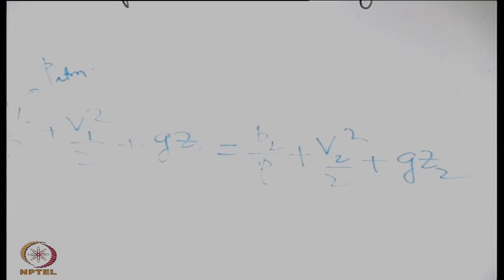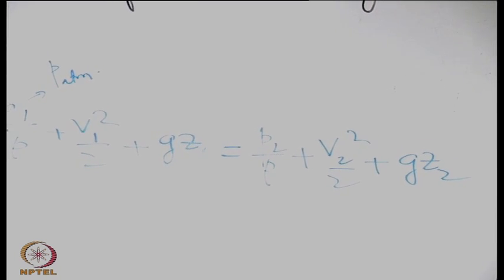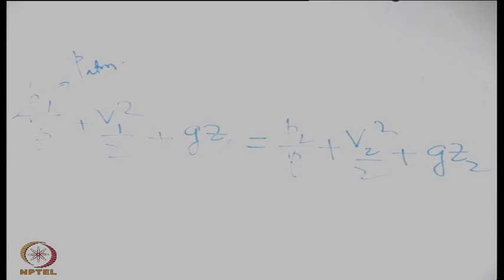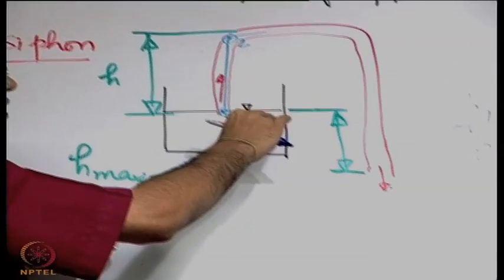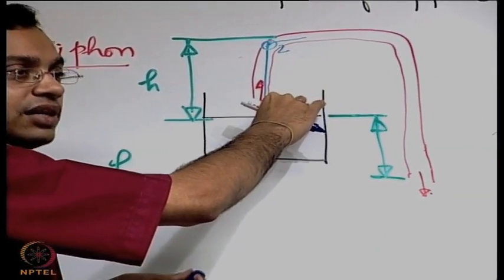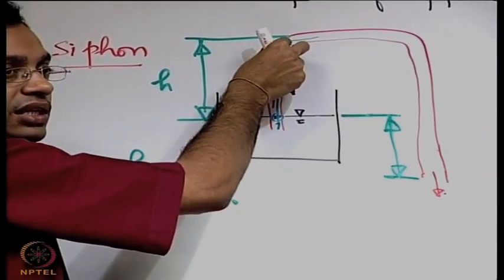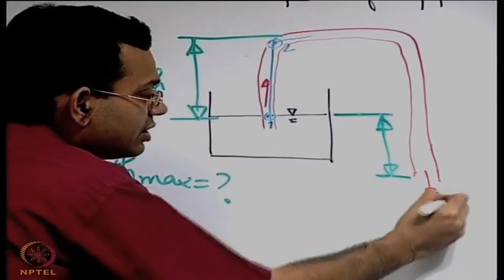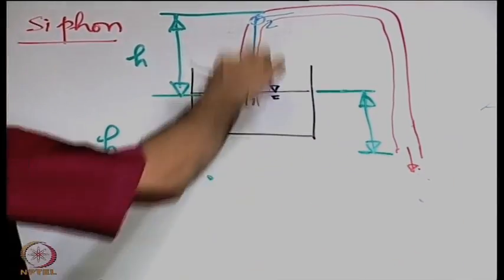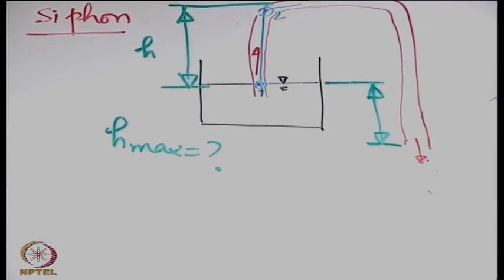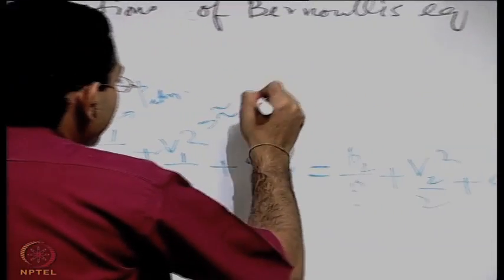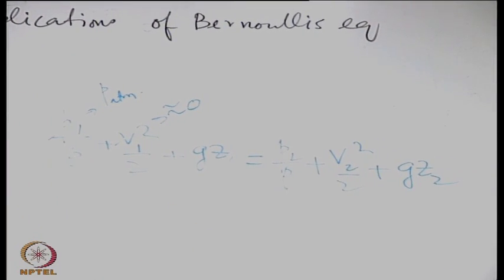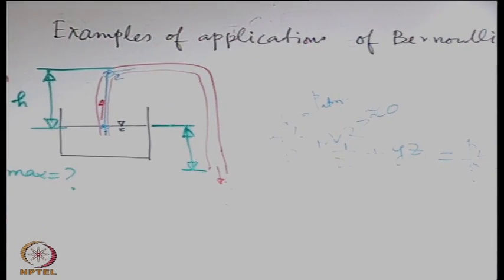V1 is approximately equal to 0, just like in Torricelli's equation, because the area here is so large that the velocity with respect to which this level is changing is very small compared to the velocity here. V2 is the same as the velocity at which the jet is ejected here, if the area of cross section remains the same. So V1 is small because A1 is large compared to the area available at 2.